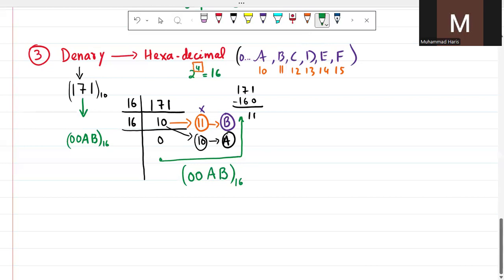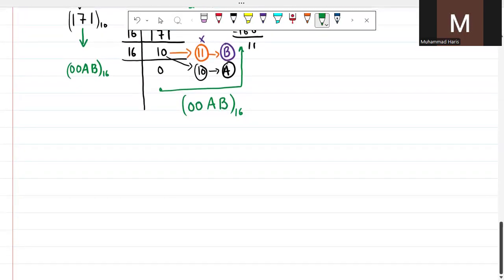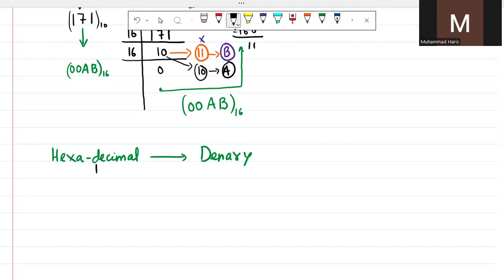Okay. What next we are going to do is the same thing. If we are dealing with a hexadecimal number and are asked to convert it into a Denary number, I can take any hexadecimal number like E4A.